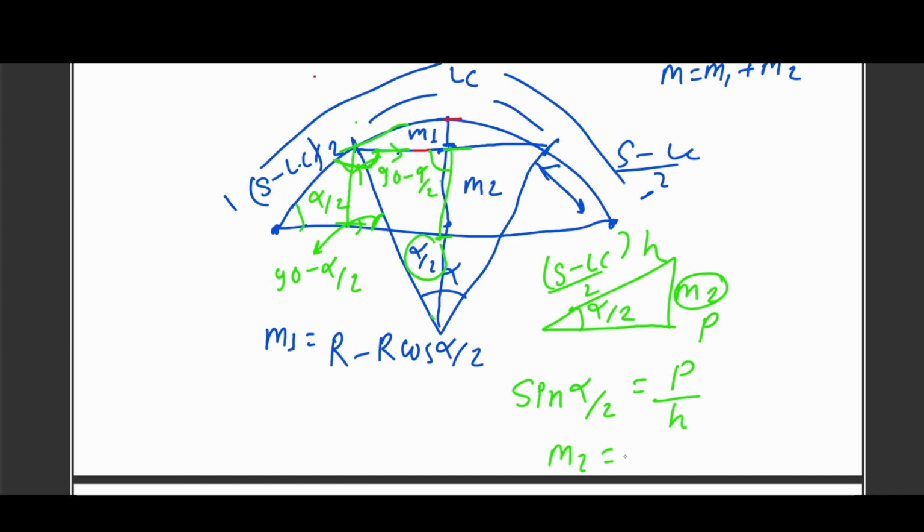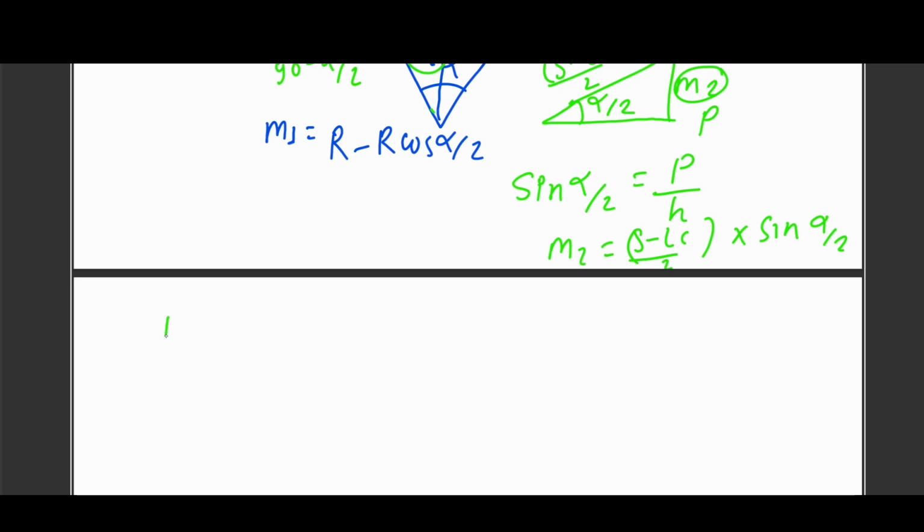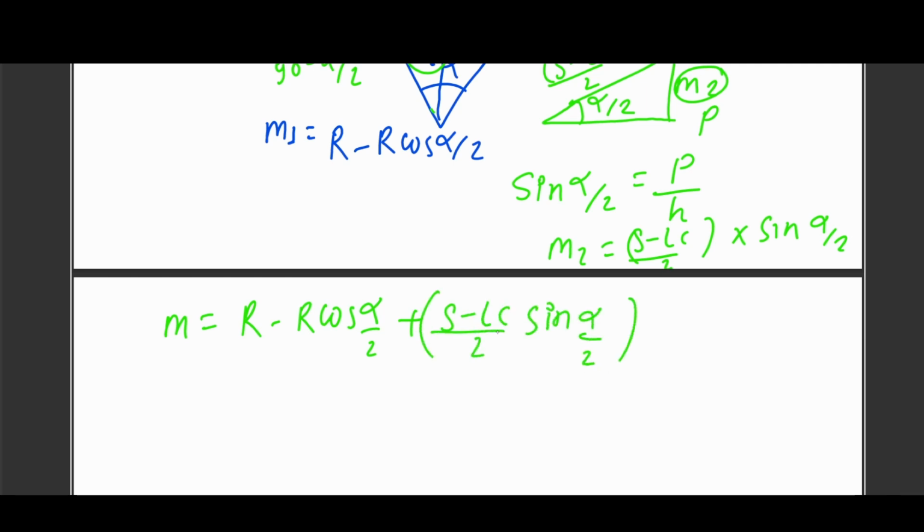That is, m2 equals s minus LC by 2 into sine alpha by 2. So the value of m will be r minus r cos alpha by 2 plus s minus LC by 2 sine alpha by 2.